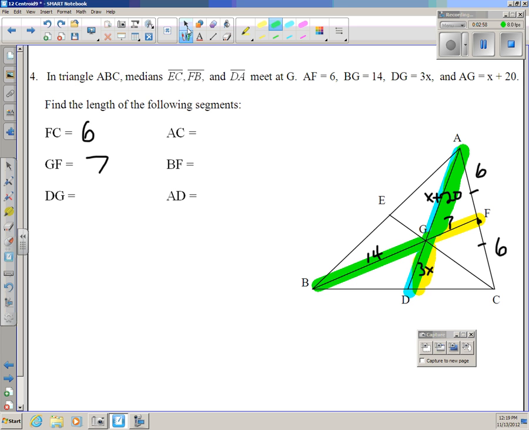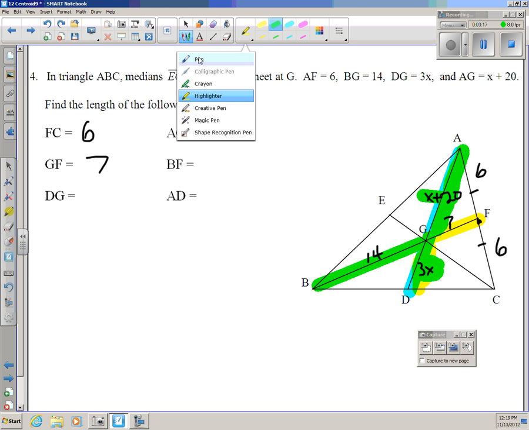So if I had the 7, what would I do to get the 14? What would I do to go from the little guy to the big guy? And the answer is I would multiply by 2. I would take the 7, multiply it by 2 to get the 14. And we're going to do the same thing here. I'm going to take the 3x that I have down here and multiply it by 2, and I will get this. So I'll write that like so.